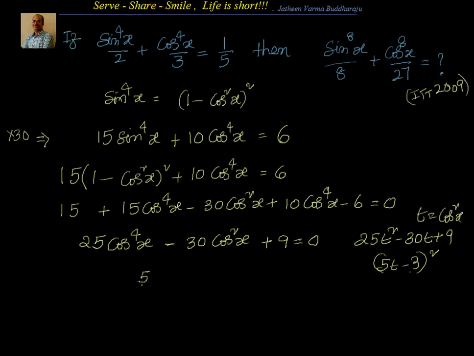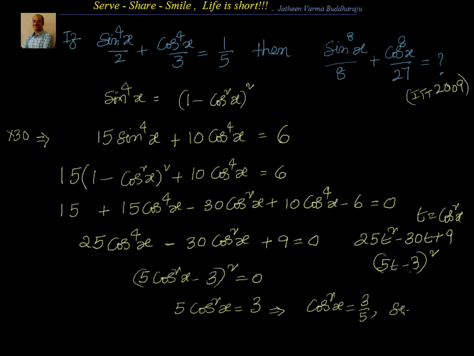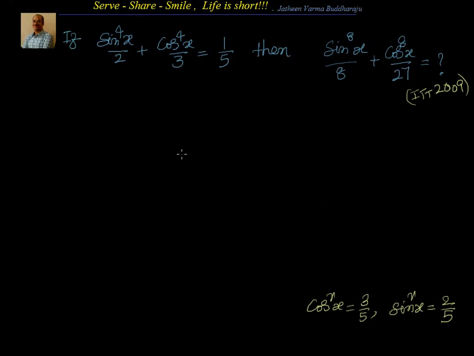So I can write it as 5 cos square x minus 3 whole square equal to 0. That gives me 5 cos square x equal to 3, or cos square x equal to 3 by 5, and by that we know sin square x will be 2 by 5. How do we get it? Because we know cos square x plus sin square x is 1. So let's go and find the value now.